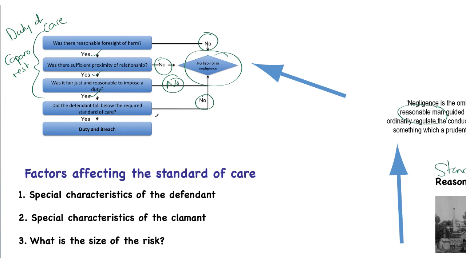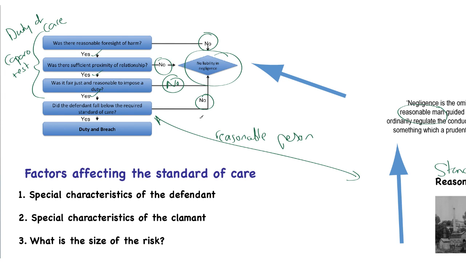Now this required standard of care is the standard of care of a reasonable person. So, has the defendant fallen below the required standard of care, and that required standard of care is the same standard that a reasonable person would have carried out.